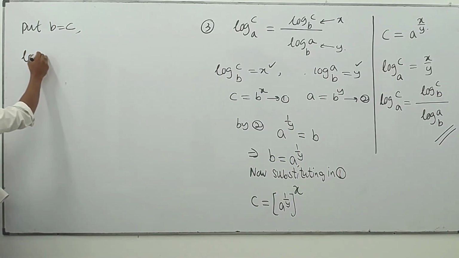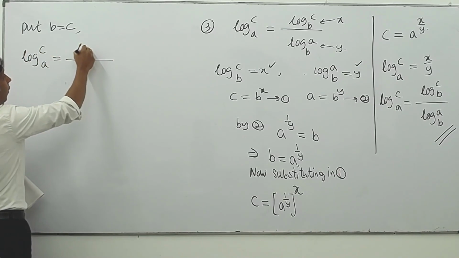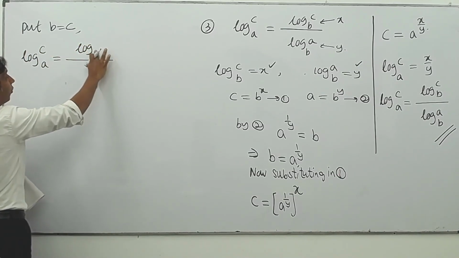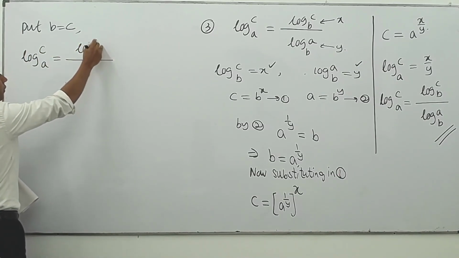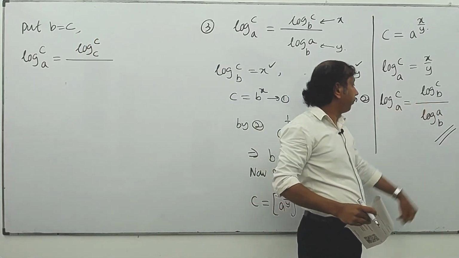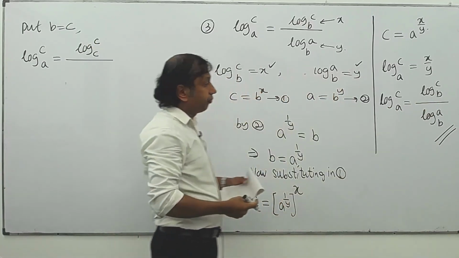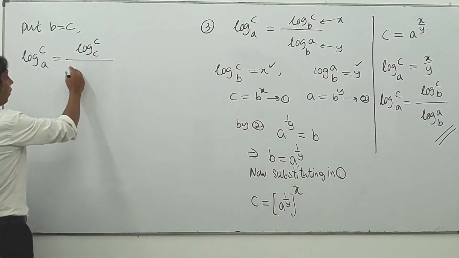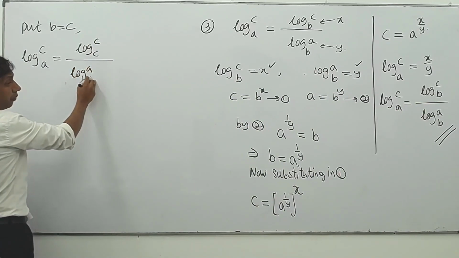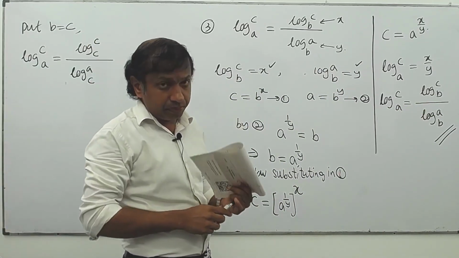Log c a equals, log, here for this b also we put c, log c c here, we put c here, and for this b also we put c, log a c, correct, no?